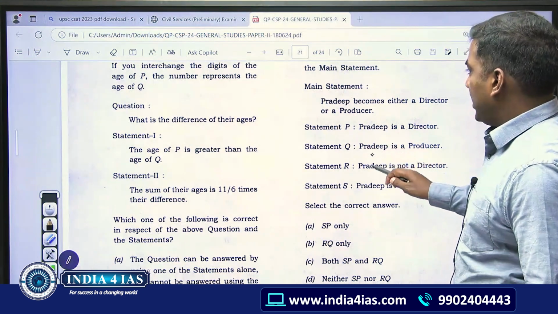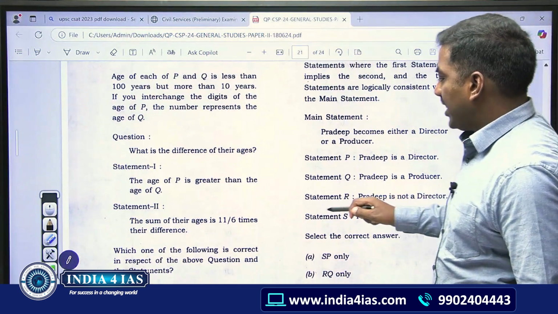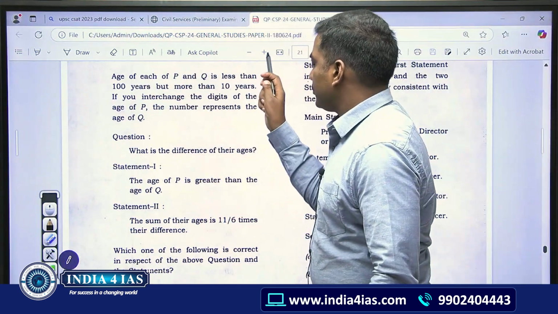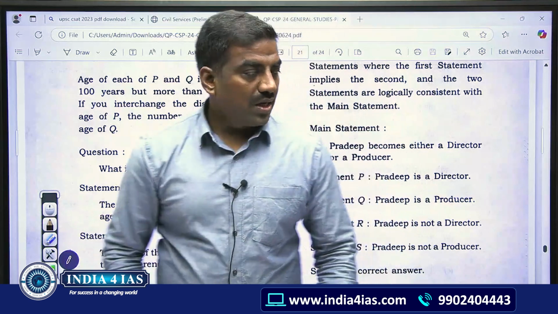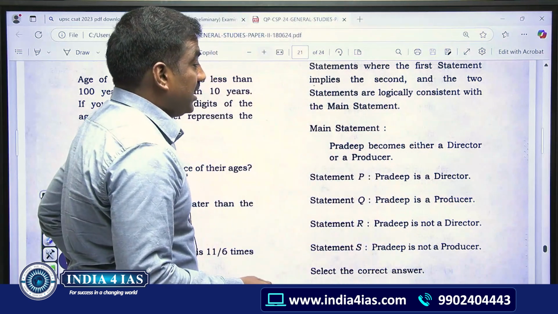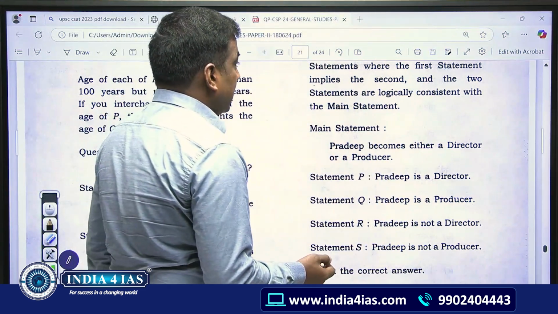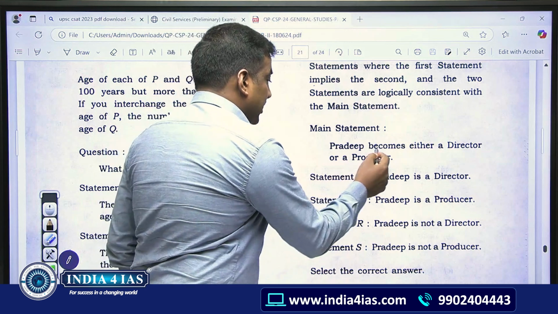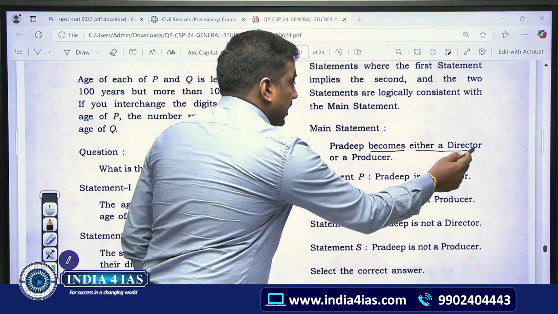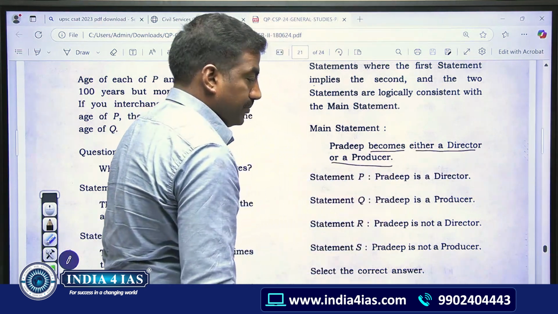Question 74. Yes, we can read the question. Pradeep becomes either director or producer. Okay, the main statement is what? Pradeep becomes either director or producer.